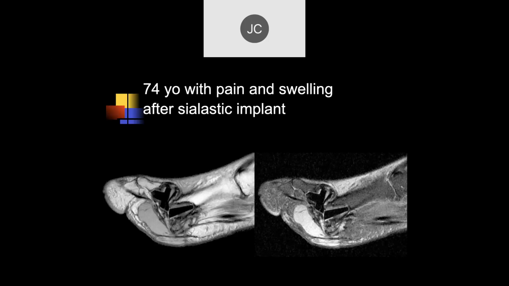That's the articulation for the metatarsal bone, and here's the articulation for the proximal phalanx. This one's fractured, and this one is dislodged from the bone. A lot of resorption around the hardware and a large fluid collection on the plantar aspect.